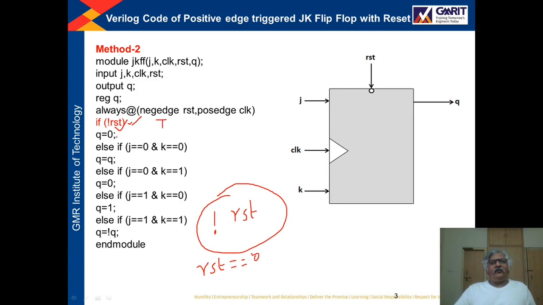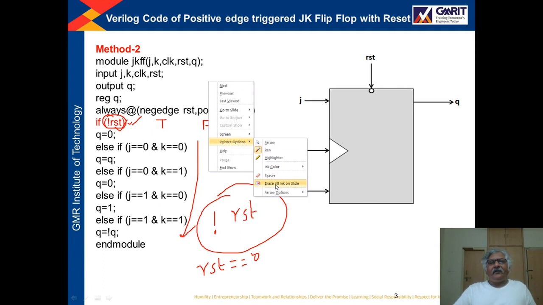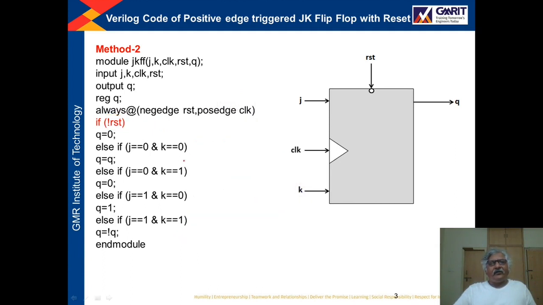If it is true, then 0 will be assigned to Q. And if the RST value is not 0, then negate RST will evaluate as false. And if it is false, then the other conditions will be tested. Okay, so in place of RST is equal to 0, you can use negate RST also. The remaining thing is the same in this code also. There is no change in the code.